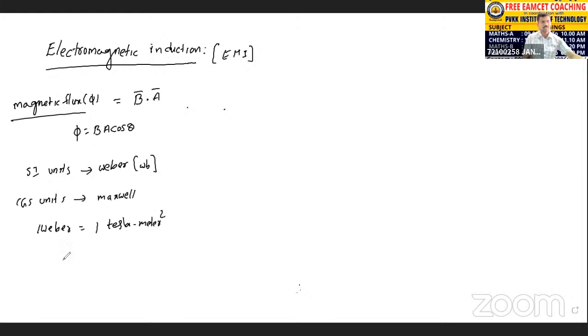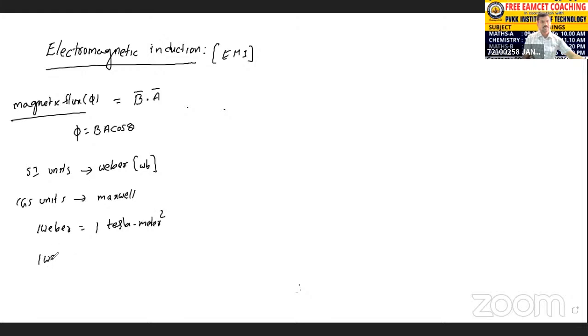The SI unit of magnetic flux is Weber, simply written as Wb. The CGS unit of magnetic flux is Maxwell. 1 Weber is equal to 1 Tesla meter square.